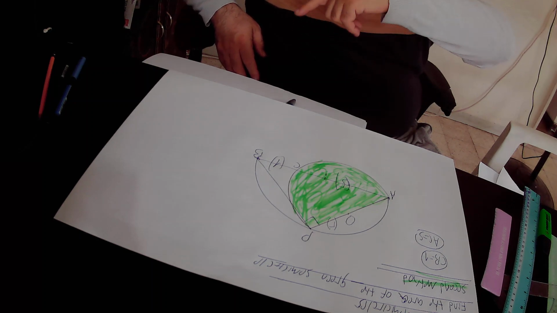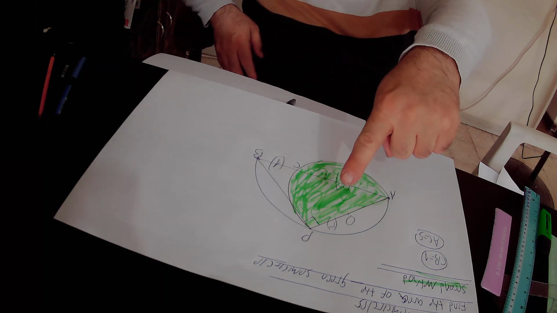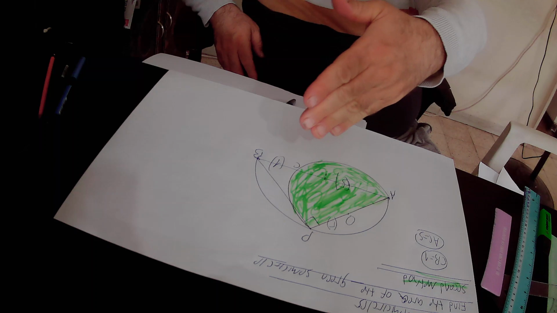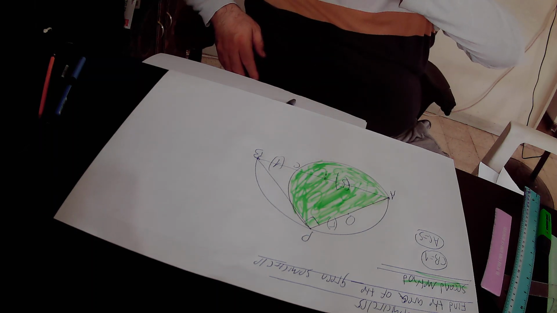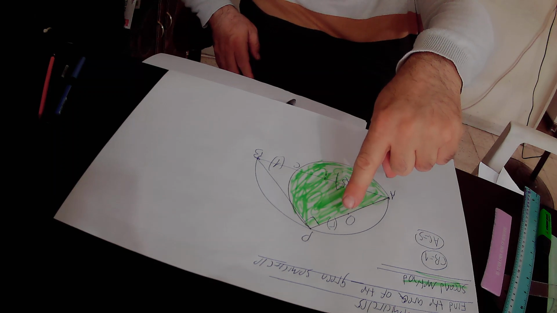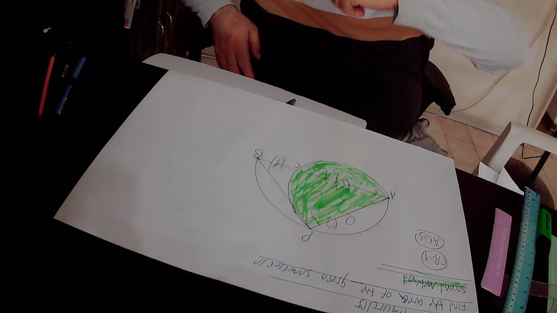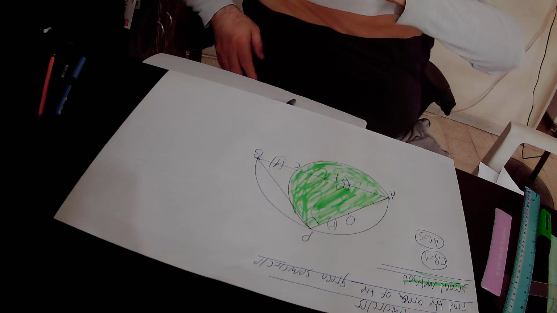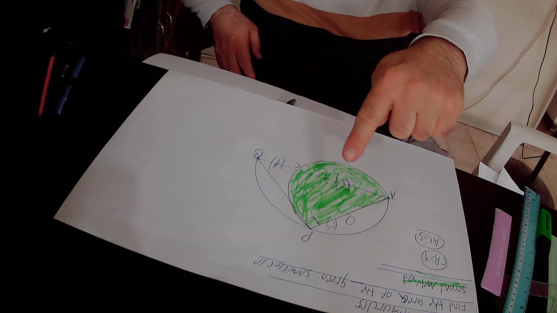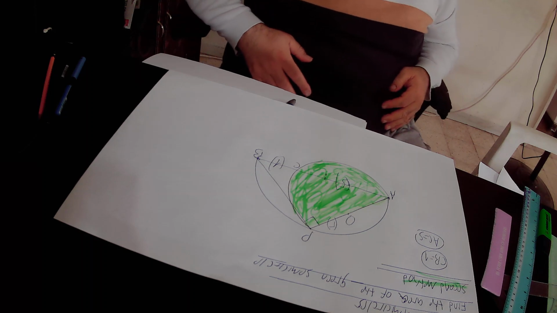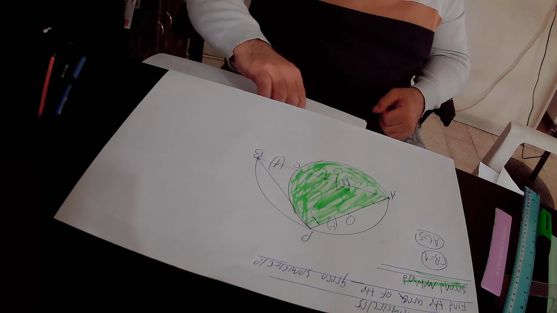Therefore, line segment BP is defined as a tangent to this green semicircle, and so I write it down.